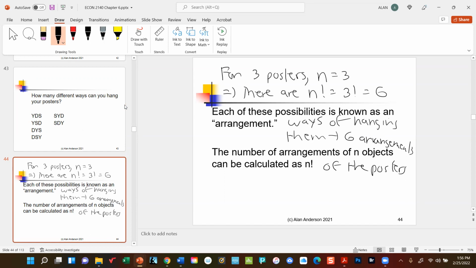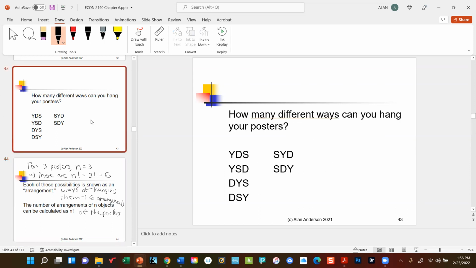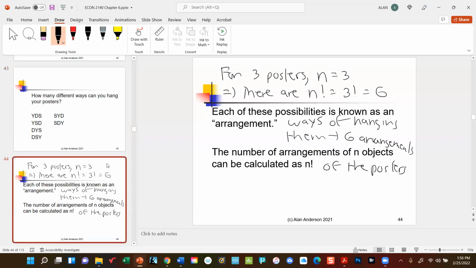So you don't have to actually write them all down. All right, so like here, I did, just so you can see them, but with 3 posters, there are 3 factorial ways of hanging them. Each way we hang them is called an arrangement, because all you're really doing is changing the order.